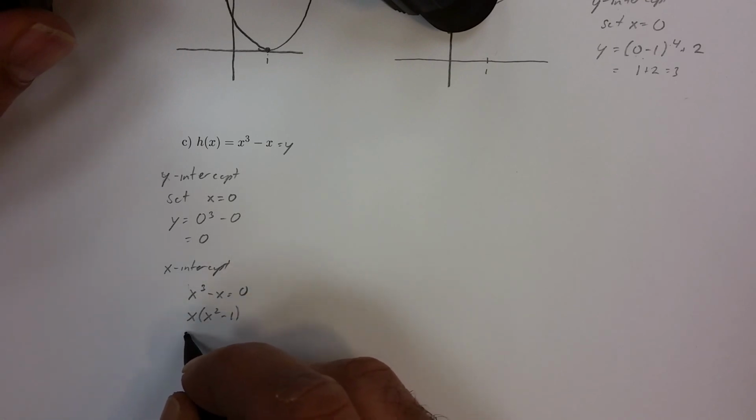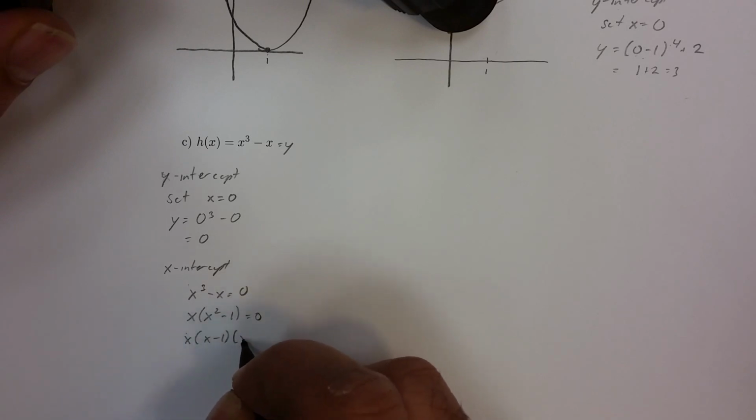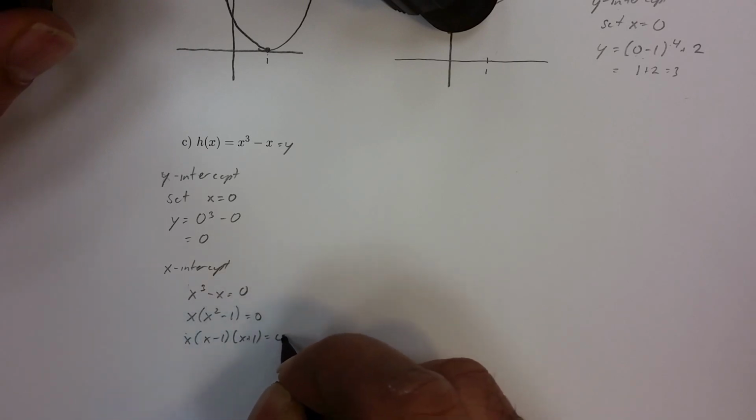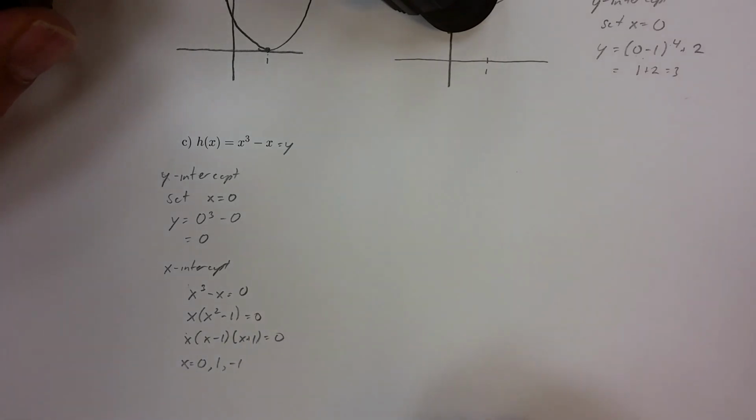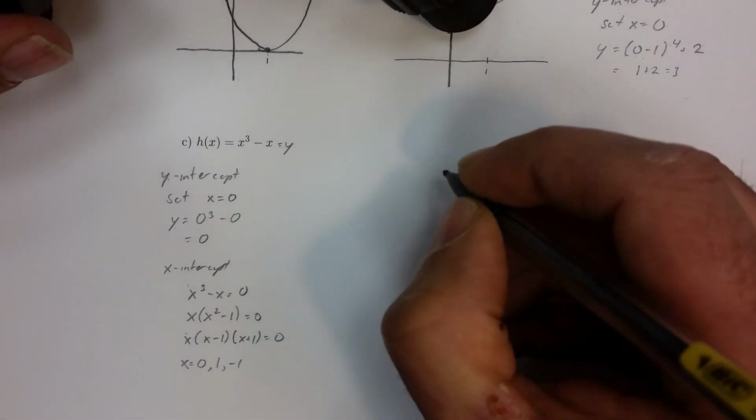And so we have x times x minus 1 times x plus 1 equals 0. x is 0 at 0, 1, and negative 1. And so we can see that this thing crosses the x-axis 3 times.